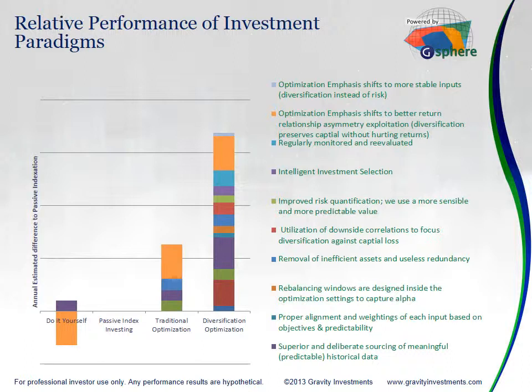Do-it-yourself investing tends to be even worse than just buy and hold investing. I think Dalbar is the most famous of the studies. It shows that, due to the behavioral effects of individual investors who are not well trained and experienced in these things, they tend to buy high and sell low.